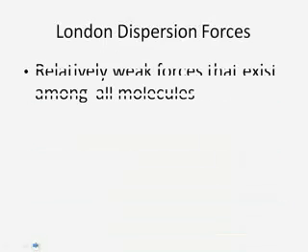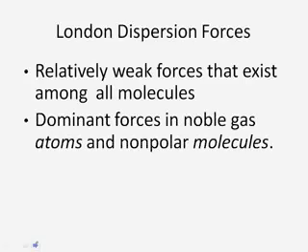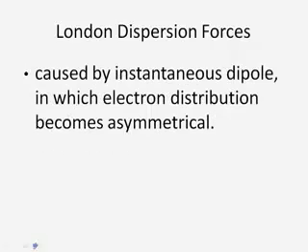Okay, London dispersion forces. These are relatively weak, and they are going to be the dominant intermolecular forces if we're talking about noble gases and also nonpolar molecules. Now how does this form?